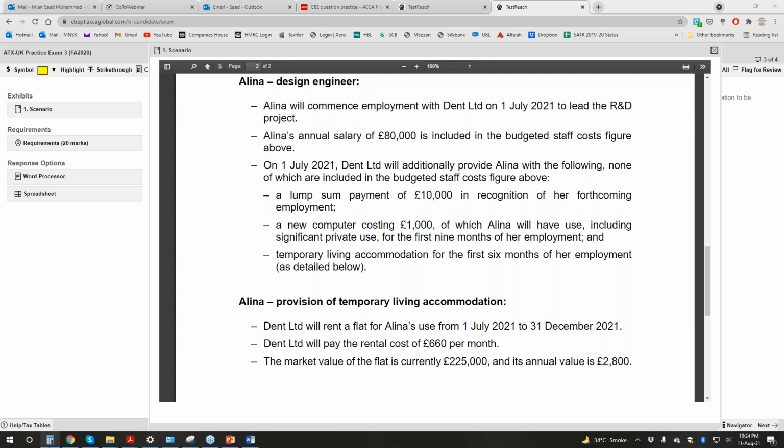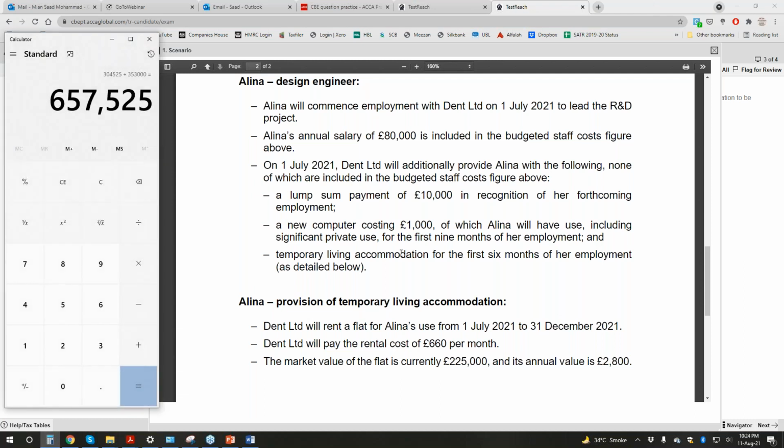The taxable value of the benefit for both Alina and Dent Limited is 1,000 times 20%, 200. This will be added into Alina's employment income, but we are not here to discuss Alina's point of view. The company needs to pay class 1A NI at 13.8% on that. That is 27.6 pounds roughly.